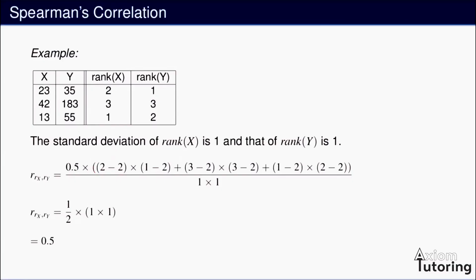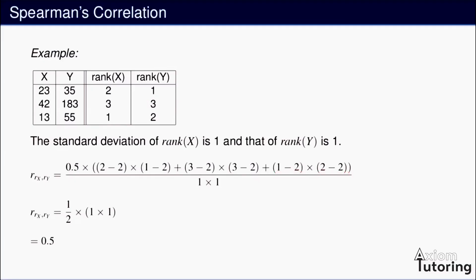Okay, and you do the same thing for the second observation. So for the second observation, for the rank of x, we get 3 minus the sample mean of the rank of x, which is equal to 2, times the rank of y for the second observation, so 3 minus the sample mean of the rank of y, which is 2. And then you do the same thing for the third observation, right?